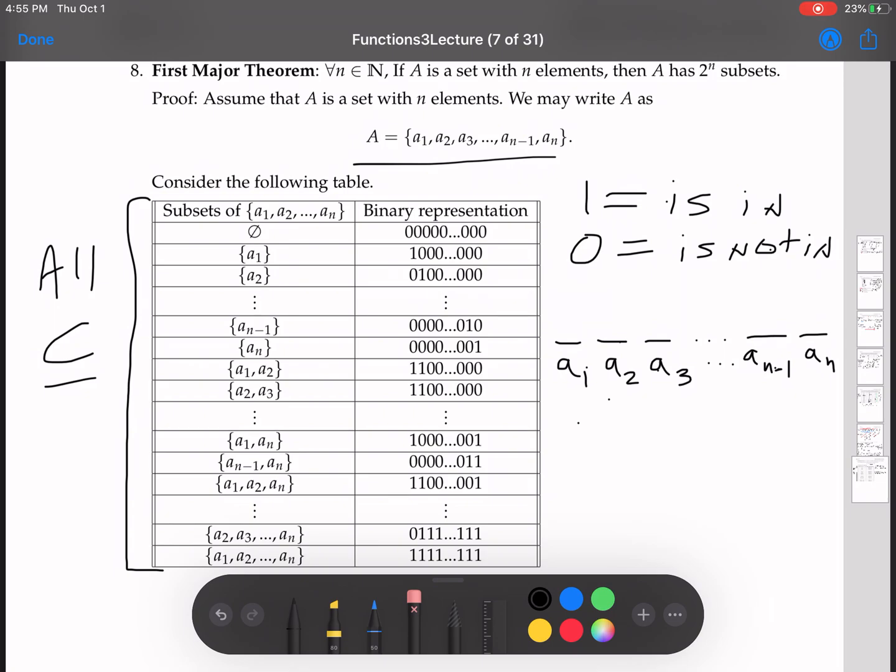All right. A1, A2. A1's in there, A2 is in there, and nothing else. That's how we get that code. Let's see. How about this one? A1 is in there, A2 is in there, and AN is in there, but nothing else. That's how we get that code.